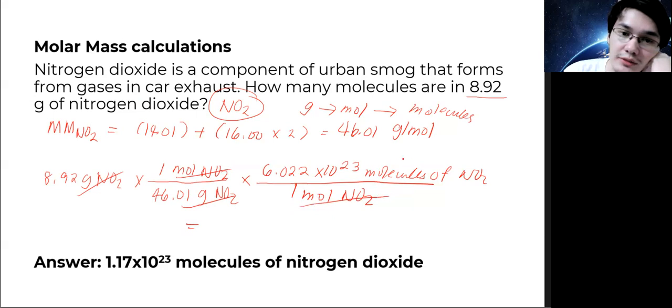Then we are left behind with molecules of nitrogen dioxide. Then calculating, we would get this answer. So in 8.92 grams of nitrogen dioxide, it has 1.17 times 10 to the 23 molecules of nitrogen dioxide.